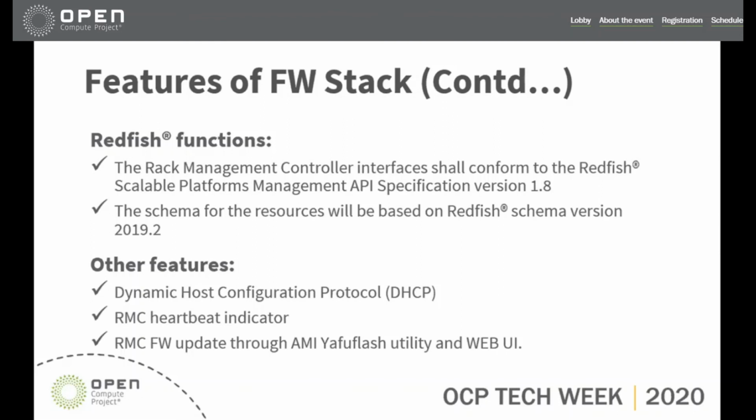In addition to this, we also support DHCP. Then we have the RMC heartbeat indicator and RMC firmware update. RMC firmware can be updated using AMI Yafuflash and Web UI, and hot insert and hot removal of the SLEDs are supported, and we do support the firmware upgrade of the power supplies.